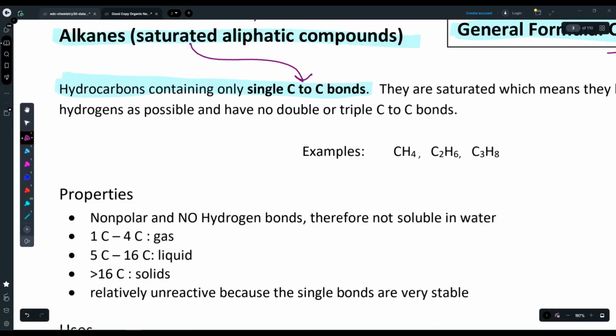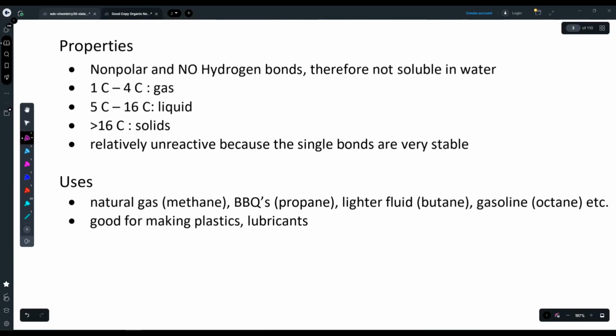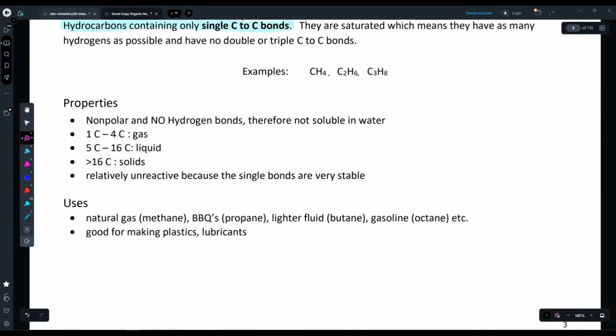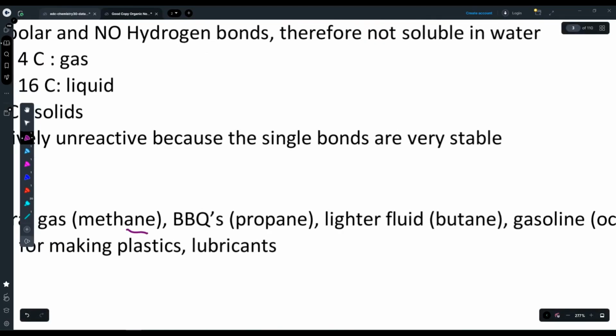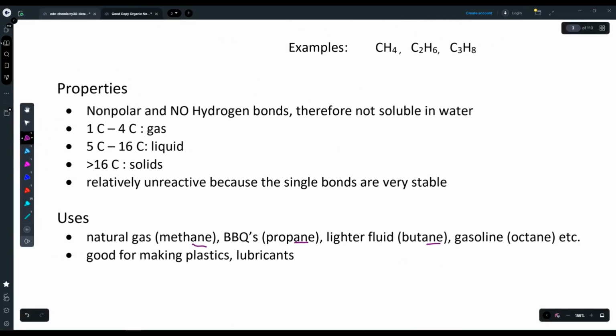If they're between 5 to 16 carbons, they're typically going to be liquid at room temperature, and anything above 16 is going to be solid. Okay. For some uses, you can find them in everyday life, such as methane, propane, butane, octane. Notice that all of these end in ane, and that's how we know that they're alkanes. They're also good for making plastics and lubricants.